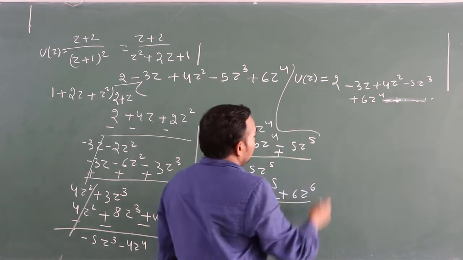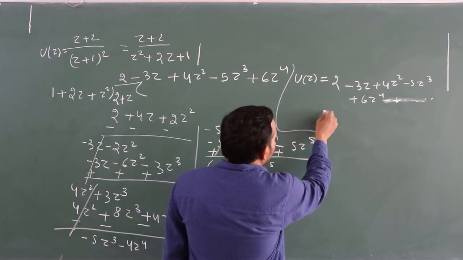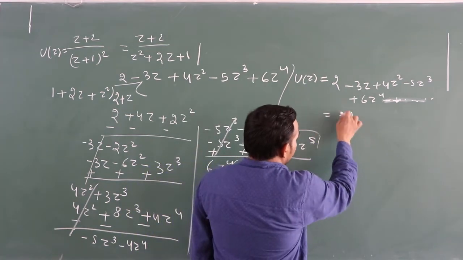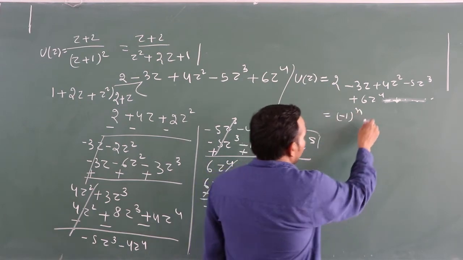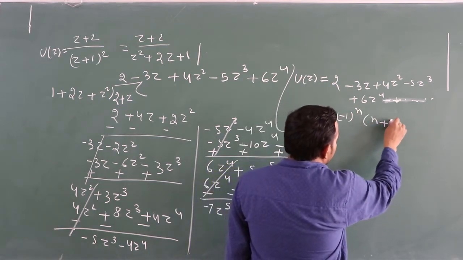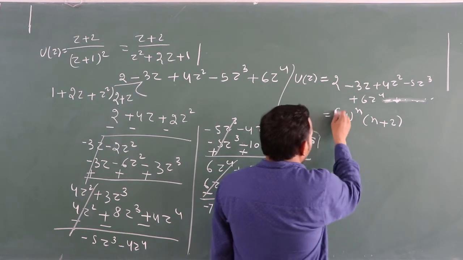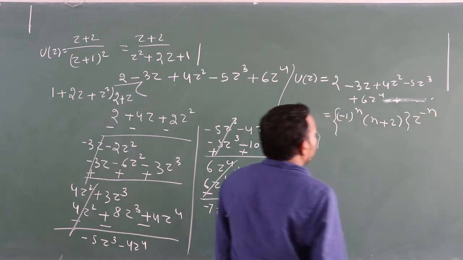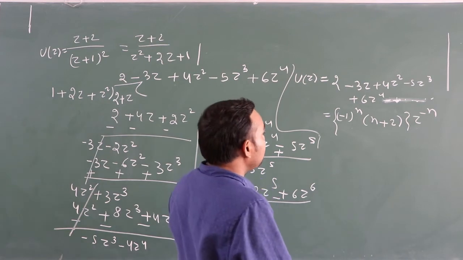Or in terms of sequence, here we can write minus 1 to the power n into n plus 2, z to the power minus n.